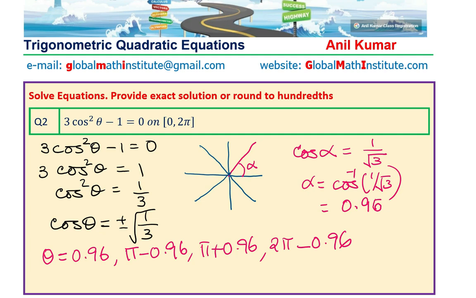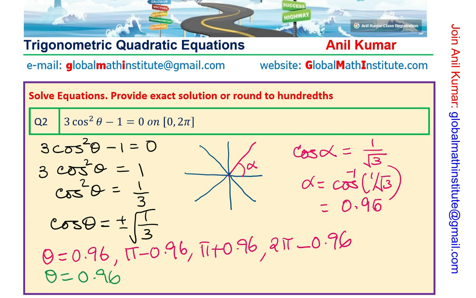So let's do this on the calculator. I'm using pi now: pi minus 0.955, and then we'll round it. So one is, of course, theta equals 0.96.